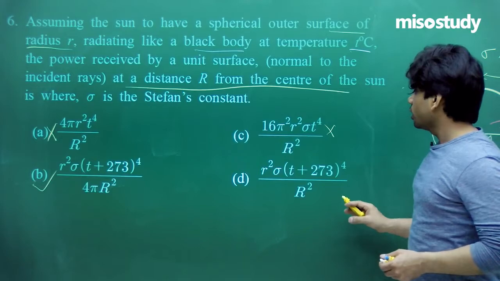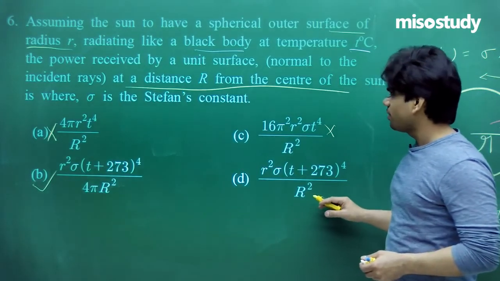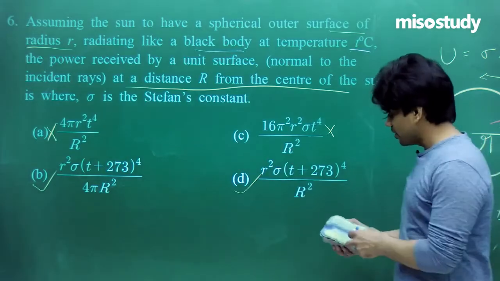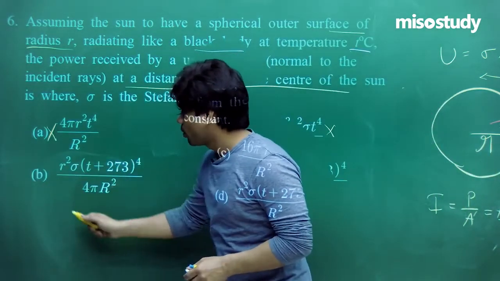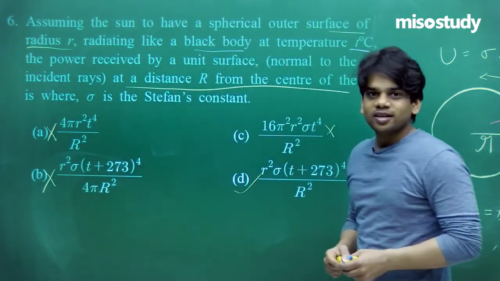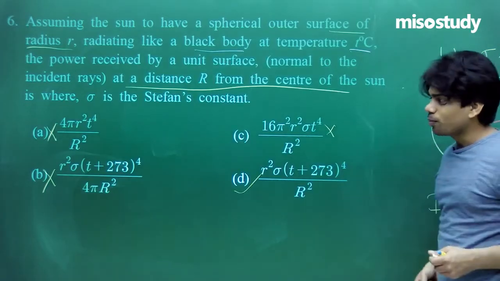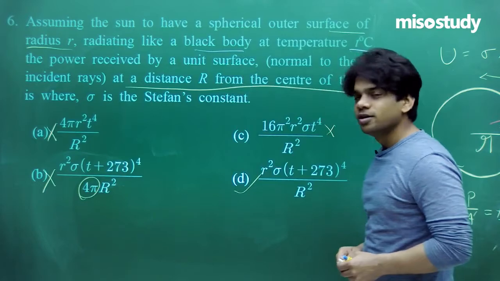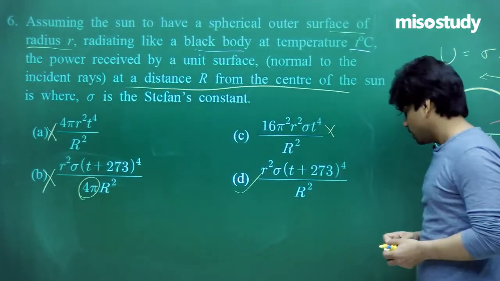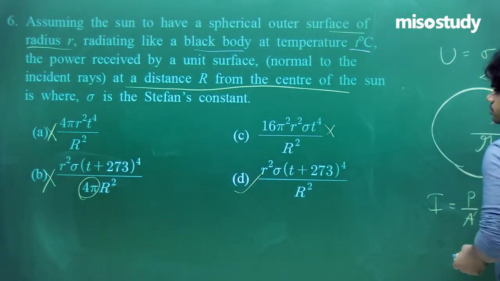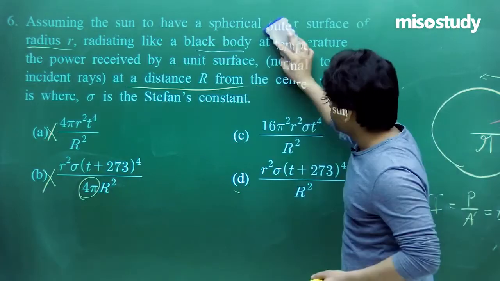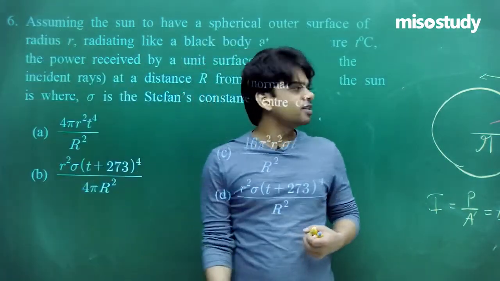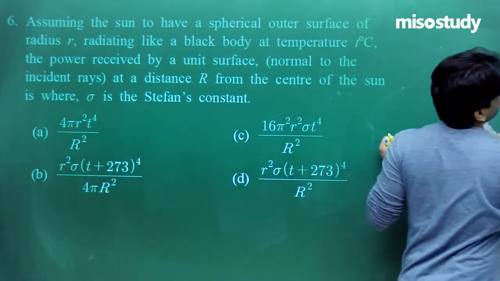Actually D is correct, because here it's given that 4 pi is not in the denominator, so B will be incorrect. I was quick enough, so I marked B, but here we have 4 pi, which is not in the answer. So hence B will be incorrect. D will be the right answer. It's a good question, how to apply the concept of radiation and Stefan's law in this case.